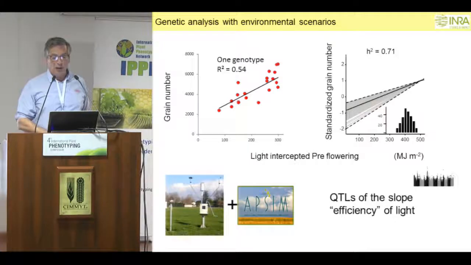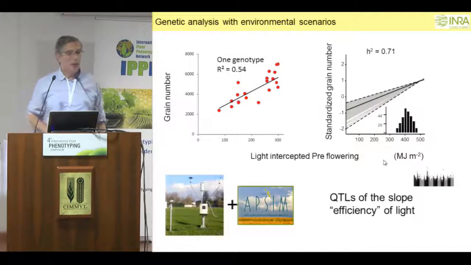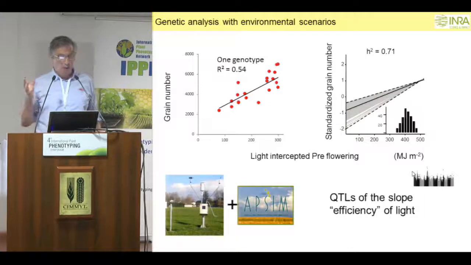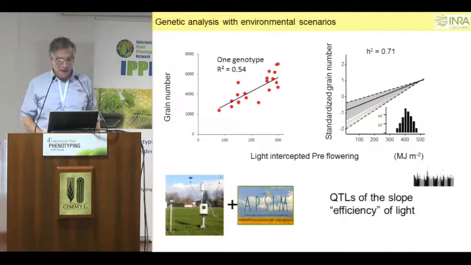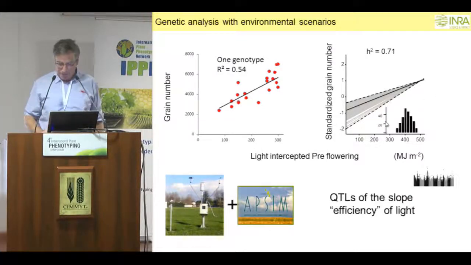Now, if we look at all the genotypes, we have a difference in slopes, quite large, with a good heritability, and we calculate the QTL for this slope. So we have QTL of efficiency. We don't know exactly what it is, but we can predict the effect of light and the genetic variability of that.